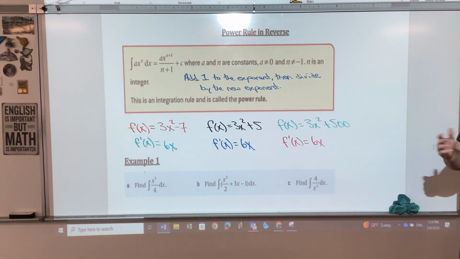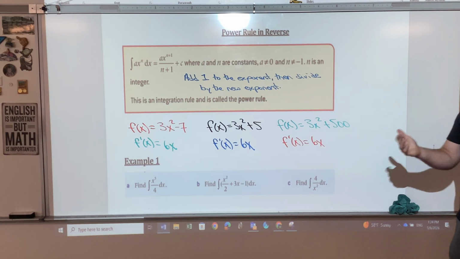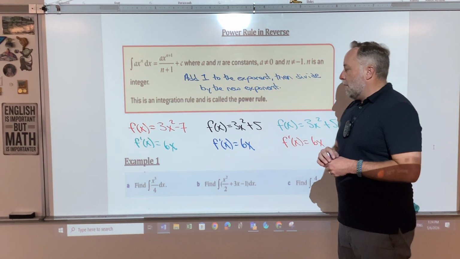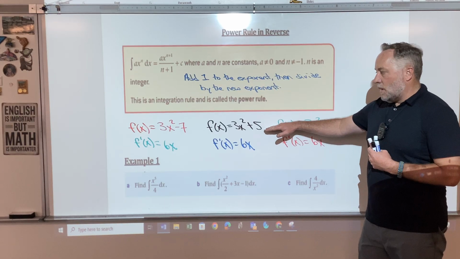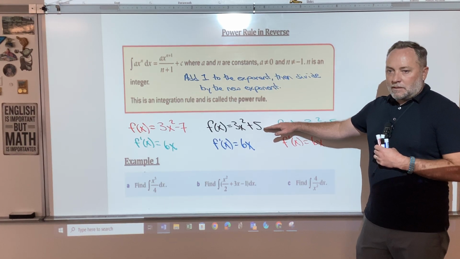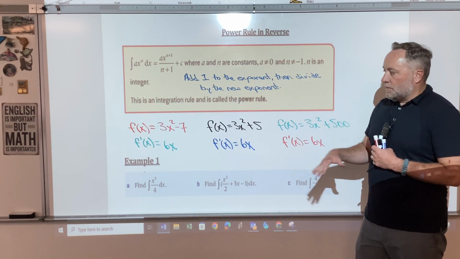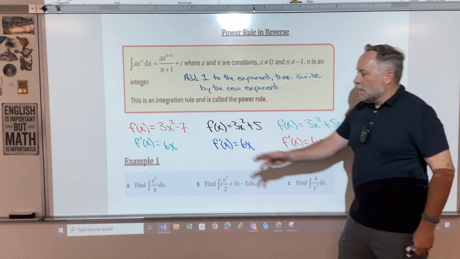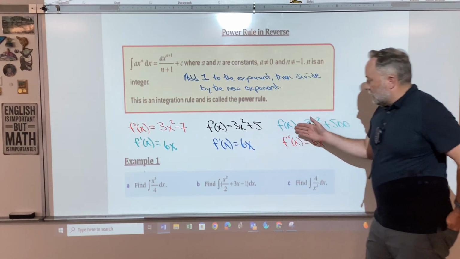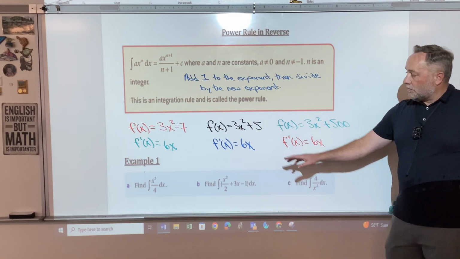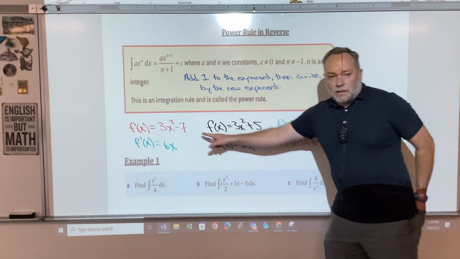So Asher's question, how do I know what c is, is a great question. We will answer that in a little bit, but this is why it doesn't necessarily matter in a general antiderivative, because the derivative of all of these functions ends up being 6x regardless of what that constant is.